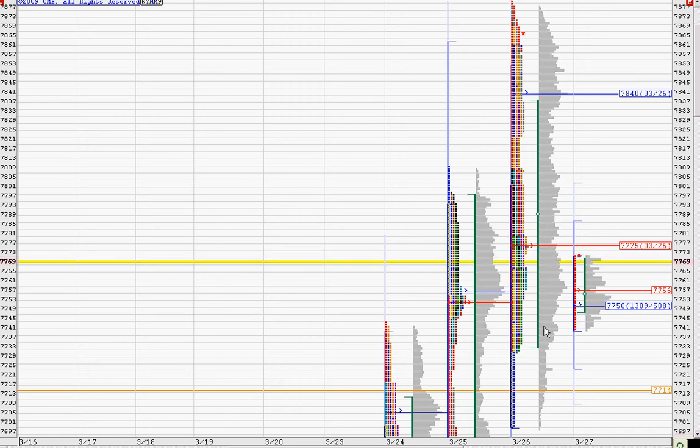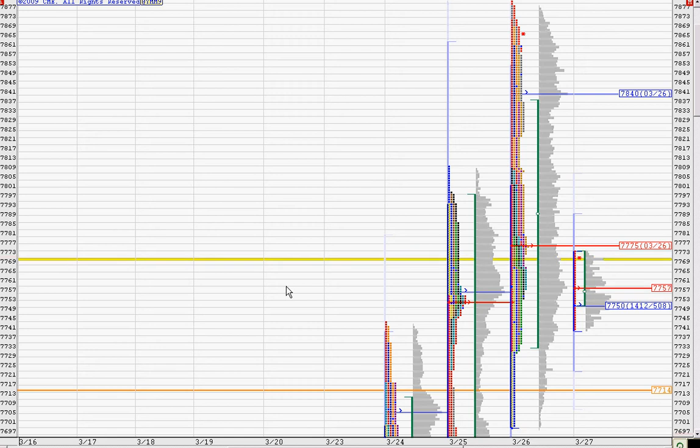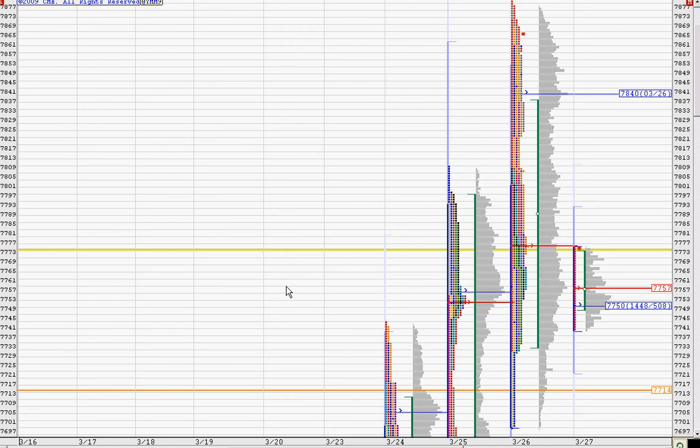That's what's known in market profile terms as the 80% rule, although it's not really 80%. It's just the idea behind this 80% rule, which is what it's termed in market profile education, is really just a regression move.